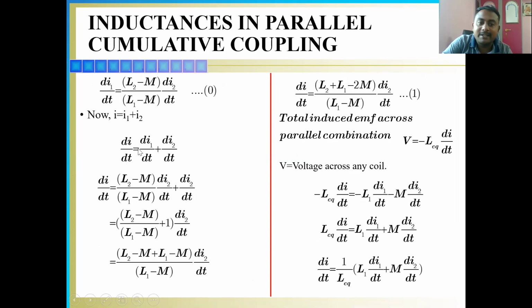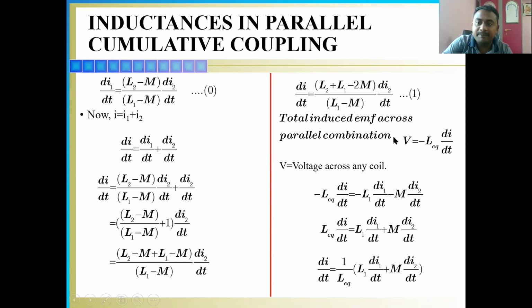Similarly, di by dt equals di1 by dt plus di2 by dt. Placing the value of di1 by dt in terms of di2 by dt here and taking di2 by dt common, we get this value. Taking the LCM, this is the value of di by dt in terms of di2 by dt.